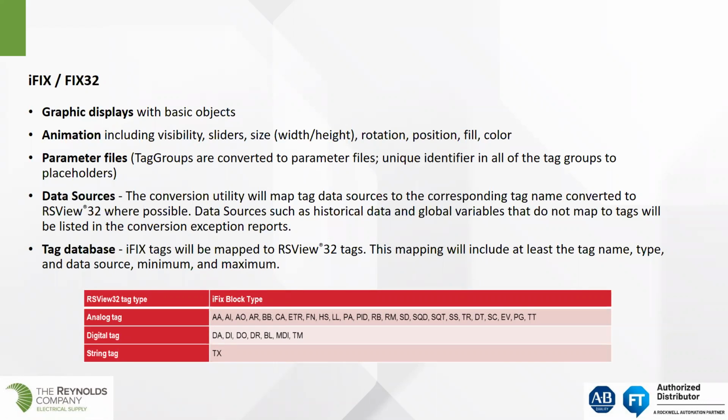So all of the RSView32 type data sources are converted. The data sources that are not converted, like some from VBA code or ActiveX objects or things that were unique to iFIX, will be listed in an exception report, and then you can deal with those as needed.